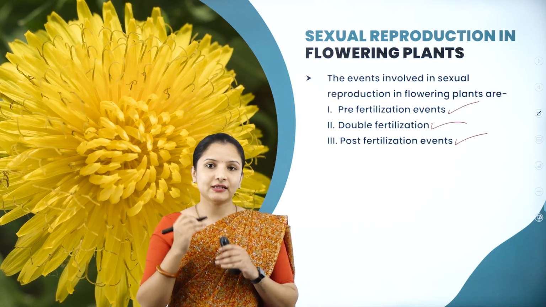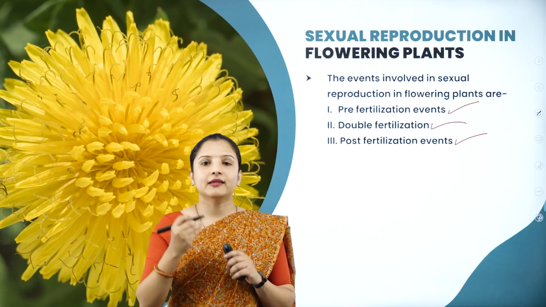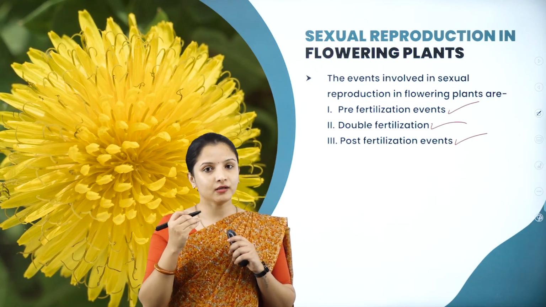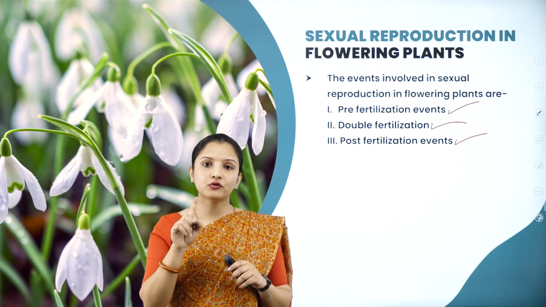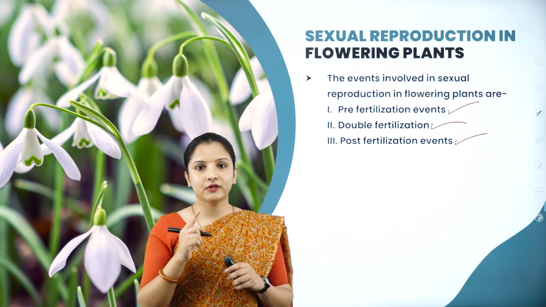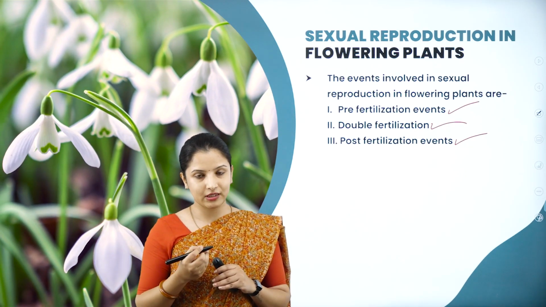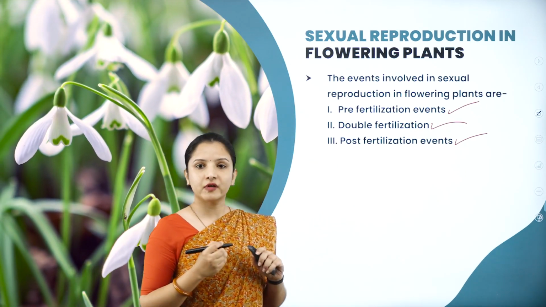Of the two male gametes, one will fuse with the egg cell and the other will fuse with the polar nucleus. Since two fertilizations are occurring here, it is called double fertilization.